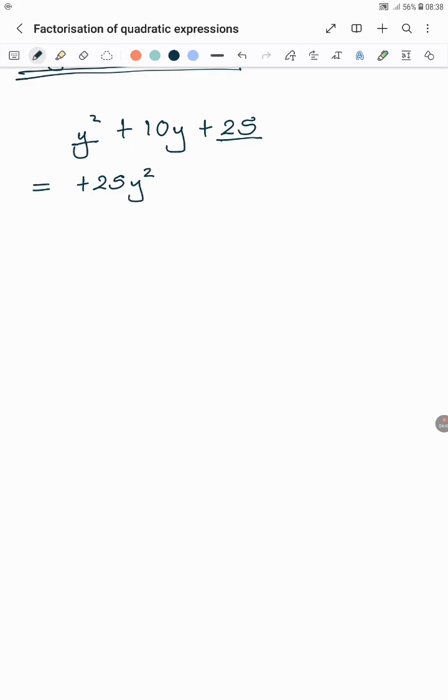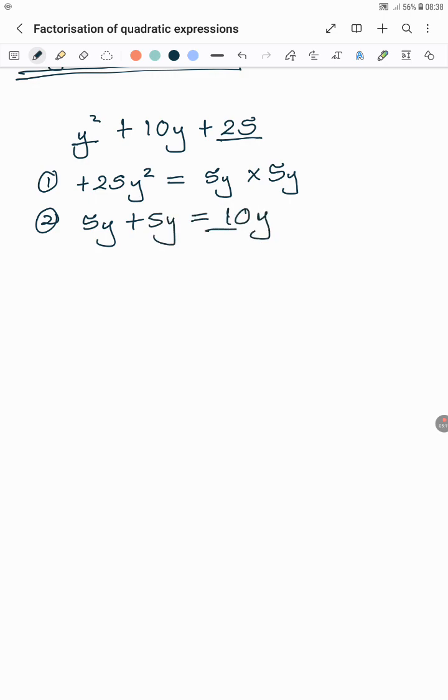The two factors which when you multiply them give you plus 25y squared are 5 and 5. If you add these two, which is 5y plus 5y, does it give you the middle term? Yes, it does, which is 10y.